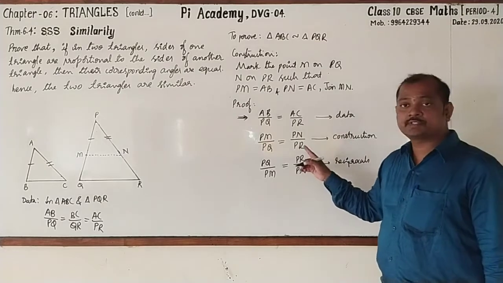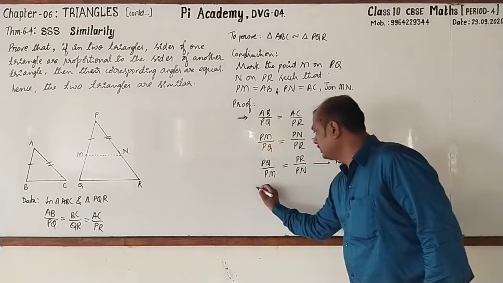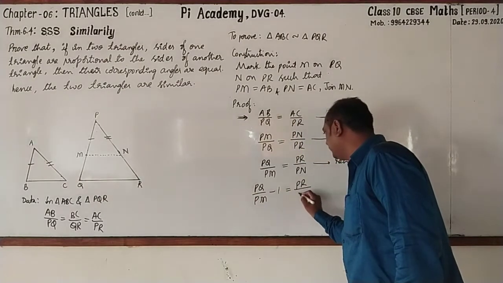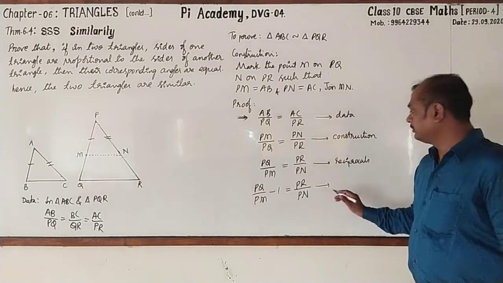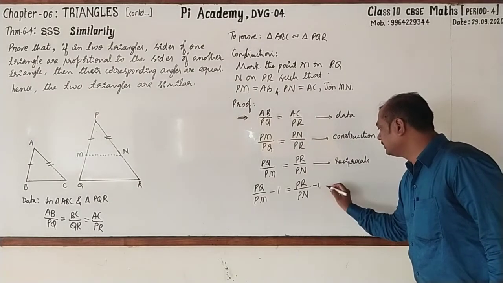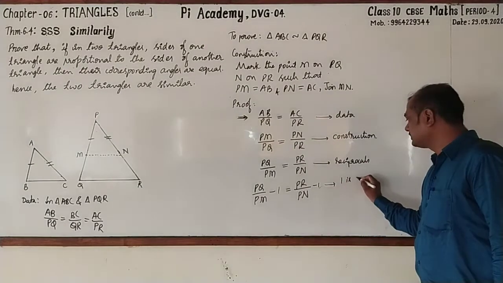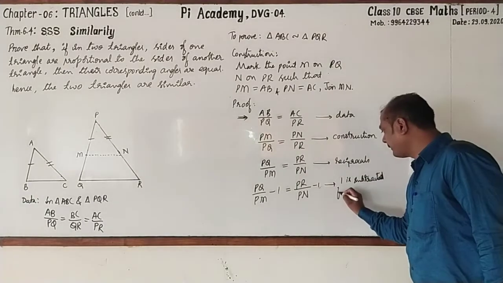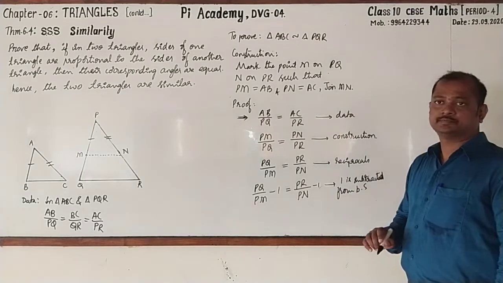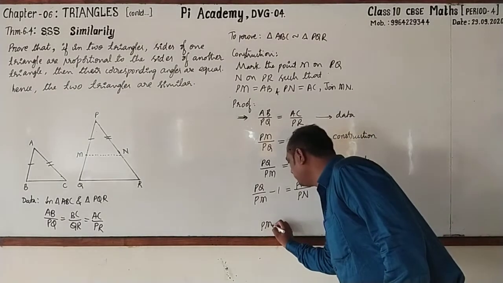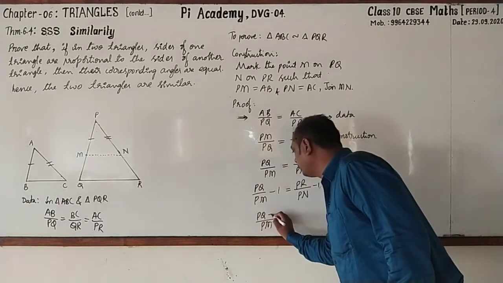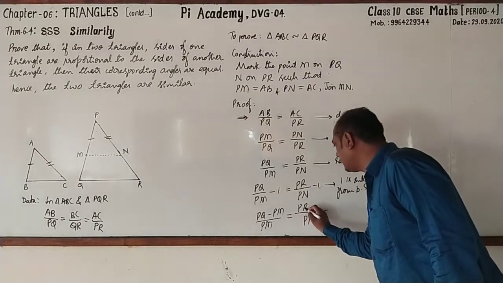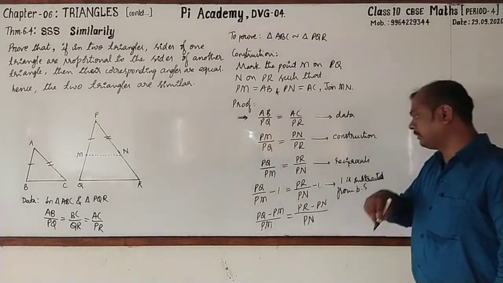Next, let me go for subtracting 1 on either side. PQ by PM minus 1 is equal to PR by PN minus 1. Then you can write, with PM as the LCM, PQ minus PM by PM is equal to PR minus PN by PN.